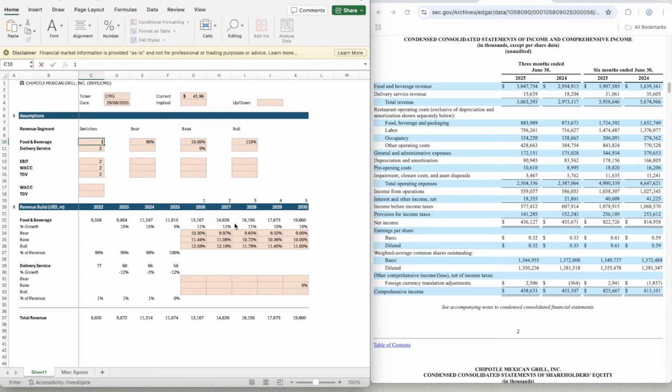Let's go on the bear case first. As you can see, the revenue goes down and the growth rates go down. Then we go base. See, it comes back up to what it is on the second row. Then we go on the bullish. As you can see, we can go through the different scenarios, but we'll leave it on the base case at the moment.